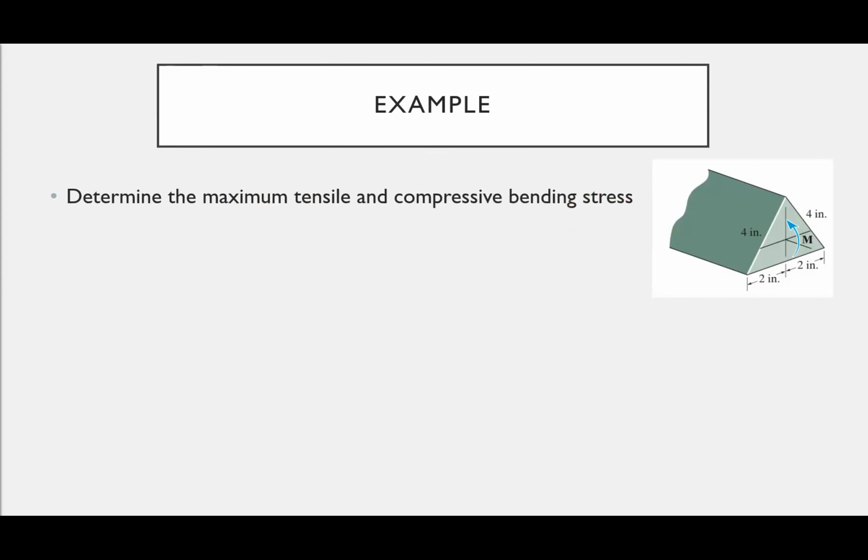All right, a brief example and then we'll be done. Determine the maximum tensile and compressive bending stress. Okay, so the equation we want to use is negative My over I. Why don't you start by figuring out how to calculate I. This is not a rectangle, so you might need to do a little research.